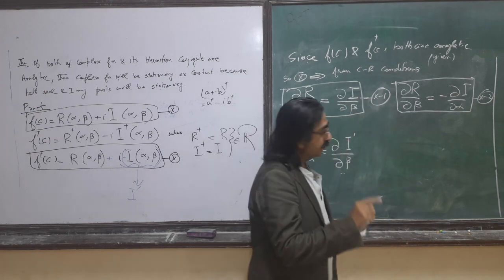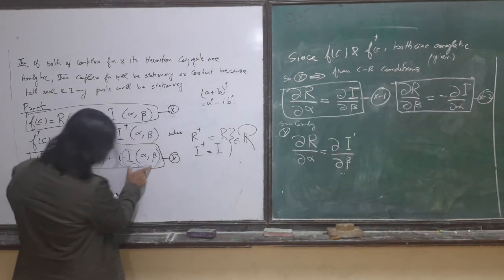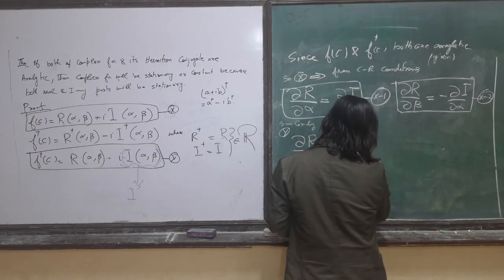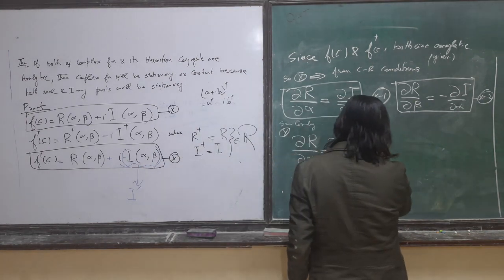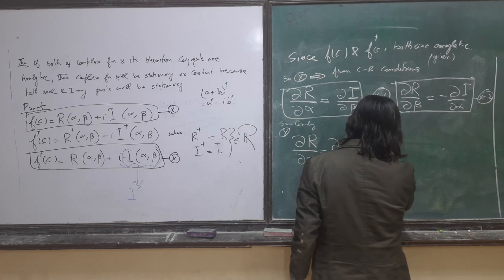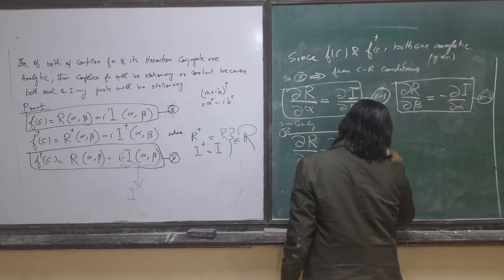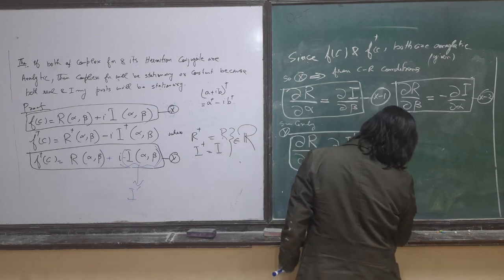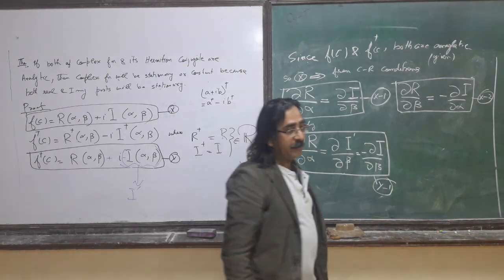This is I prime, and I prime is equal to minus I. This will be Y1.